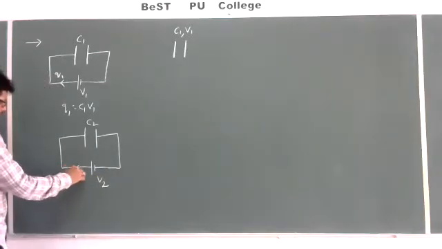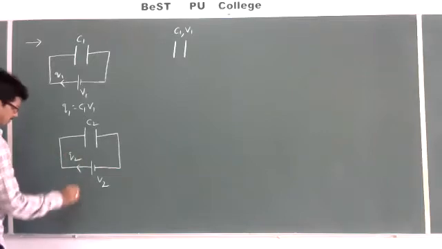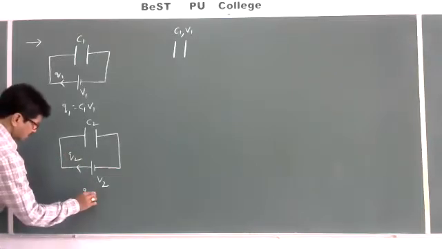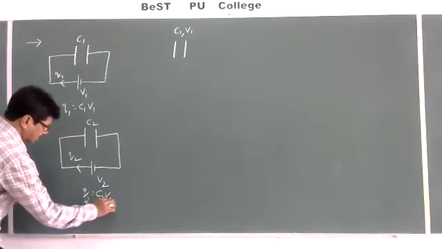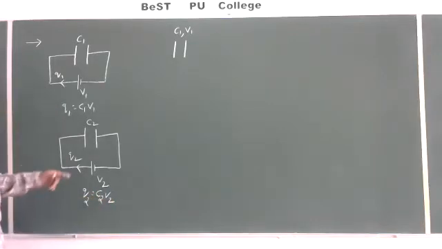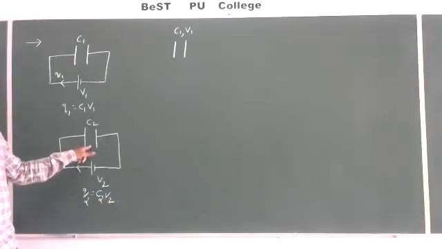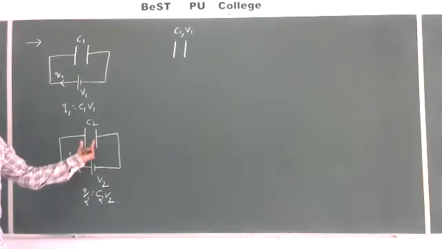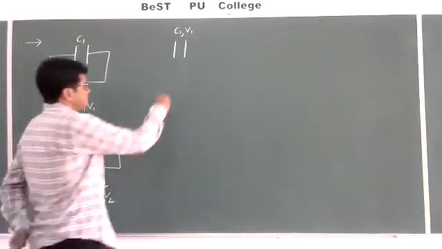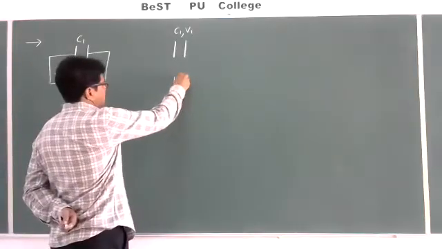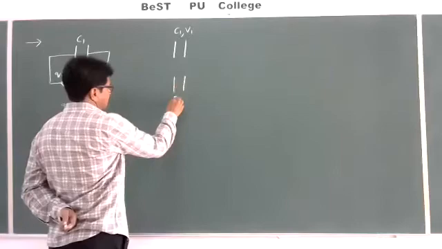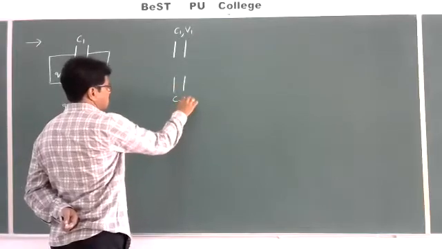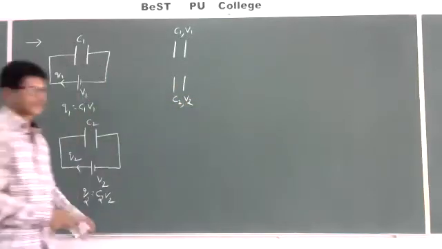Then also there will be a flow of a charge. Here Q2 is equal to C2V2. Once this capacitor becomes completely charged, I will disconnect the capacitor now. So the capacitance of this is C2, the potential of this is V2.